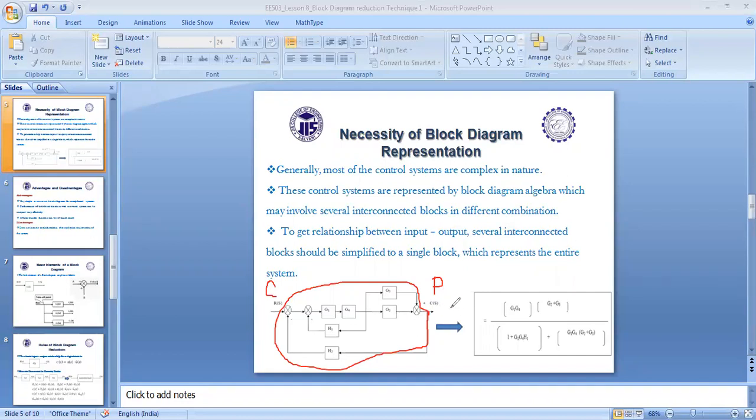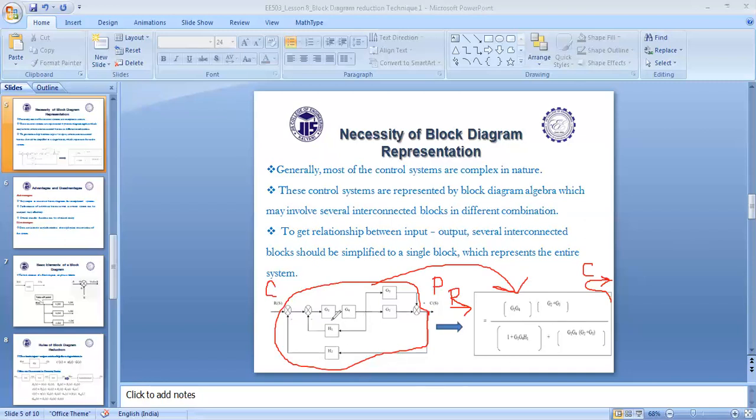For that, you should have a direct relationship between coal, that is input, and power, that is output. If you know the relationship between input and output, you will be able to analyze the system very effectively. That is why it is important to reduce the number of blocks into a single block in order to get direct relationship between input and output.